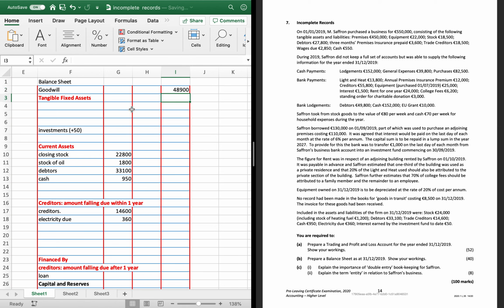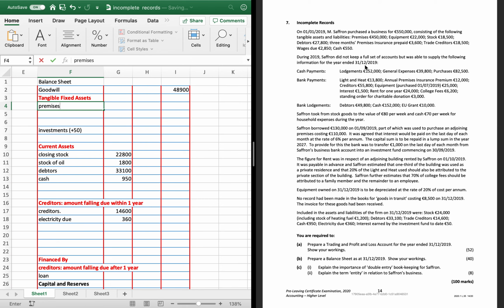My way of doing it would be a bit like with the service firm: start at the top and work my way down to the bottom. So the 550 with the goodwill. The next one is premises, which we know is an asset. Now we need to see if we did anything with premises. Did we buy any further premises, or can we just put the stuff in?